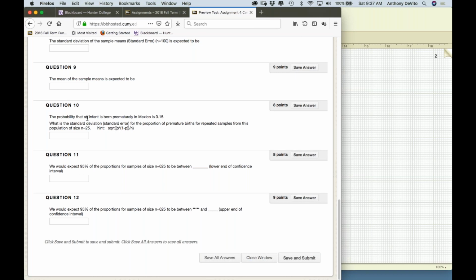Now, what we're describing here, the standard error or standard deviation for the proportion of premature births for repeated samples from the population, the sample size is 25. We're asking about the distribution of sample proportions if you repeat it over and over again at that size.